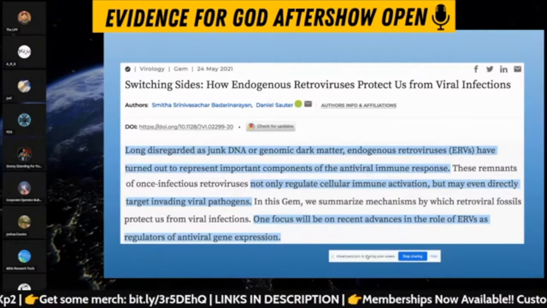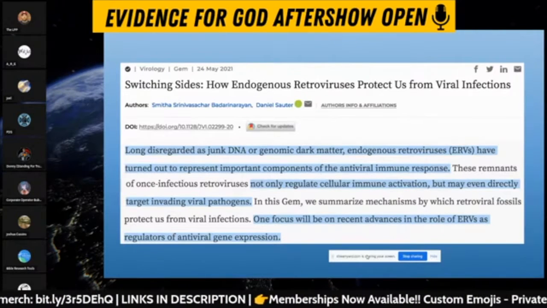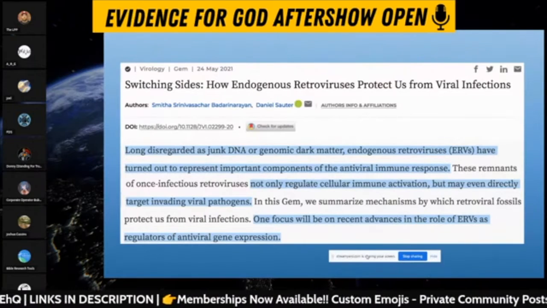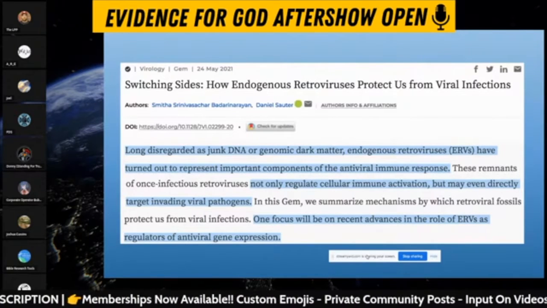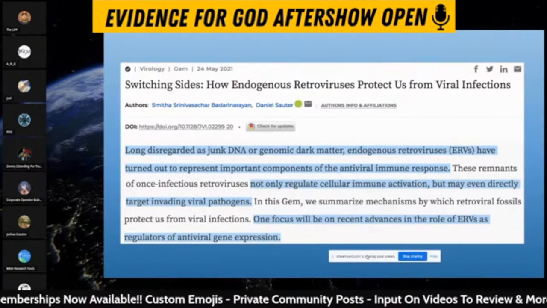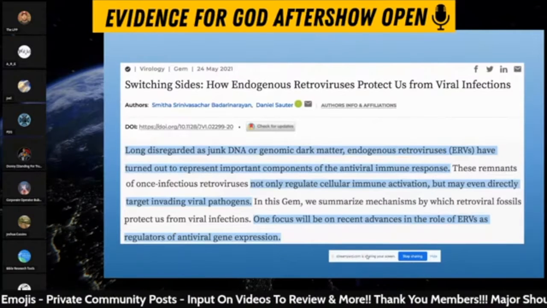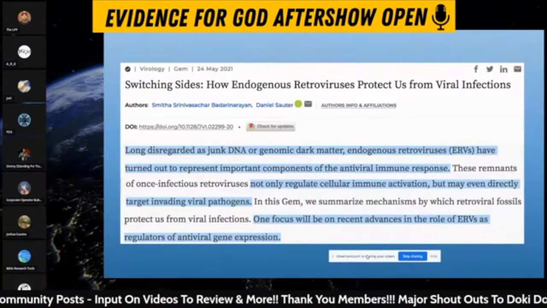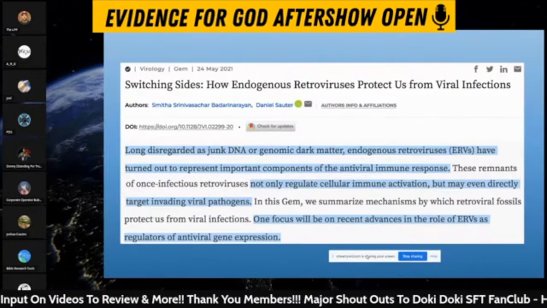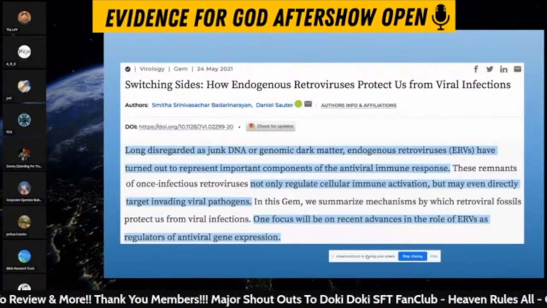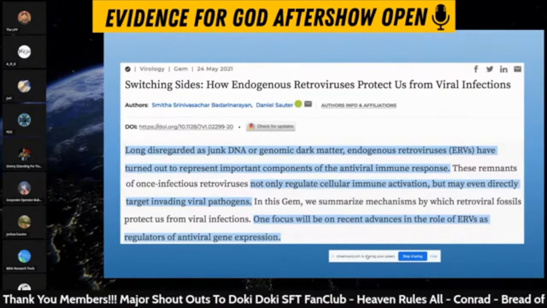And as you pointed out, the evolutionist response is, well, it's just certain aspects of the ERV that's functional, which is wrong. Because it would be like saying, well, it's not the human being as a unit that's functional. It's just certain aspects of it, right? The heart, the liver, the kidneys.